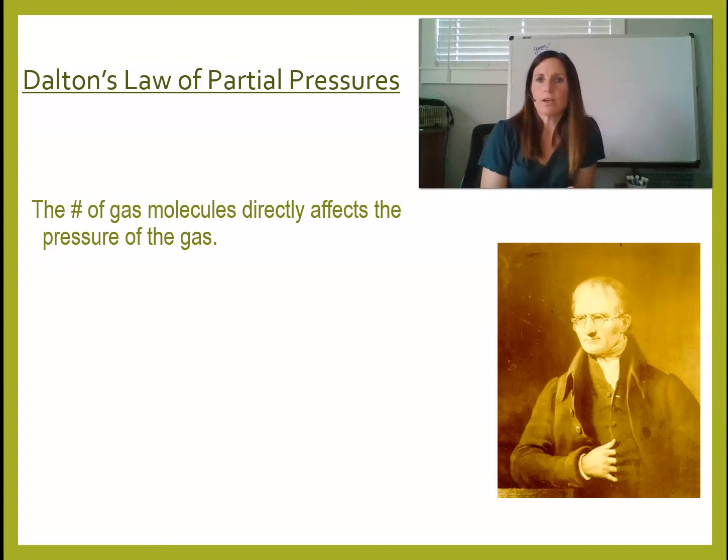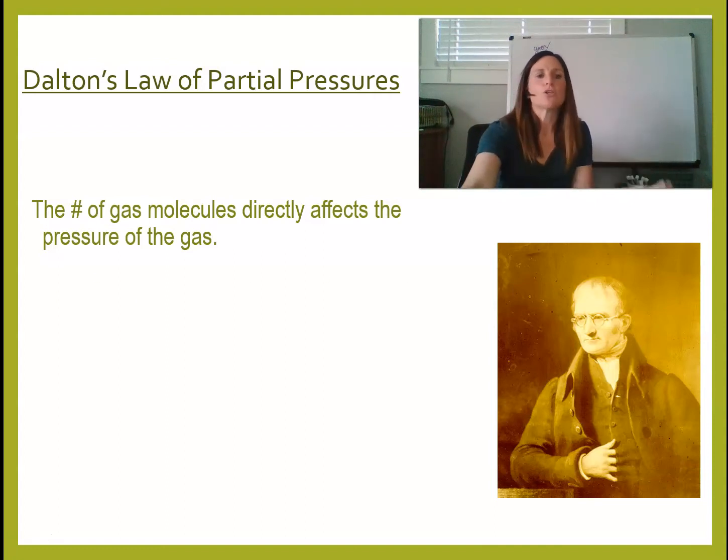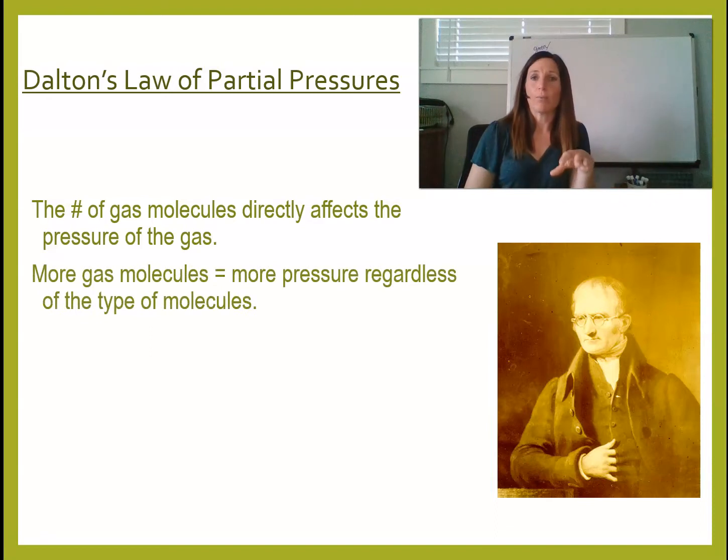So imagine we're talking about pressure, which means we're talking about collisions. For every gas particle we have, we're increasing our number of collisions. The more we increase the number of collisions, the more pressure we have. So as we keep adding more molecules, we get more pressure regardless of the type of molecule.